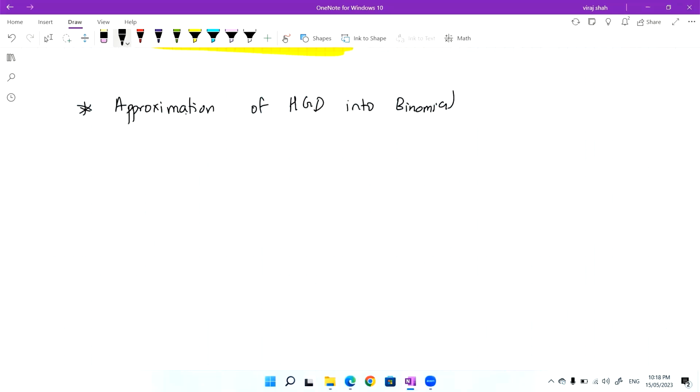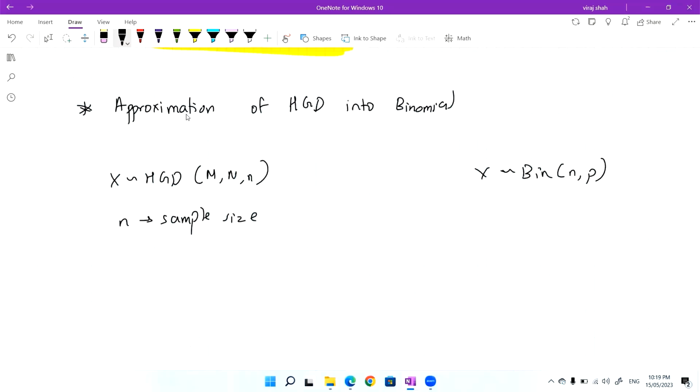So ideally, if x follows hypergeometric distribution with parameters M, N, and small n, your n is the sample size, right? Similarly, x follows binomial with parameters n and p. n here also is the sample size.